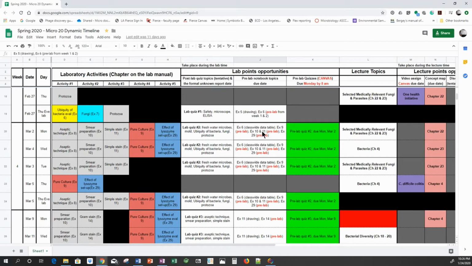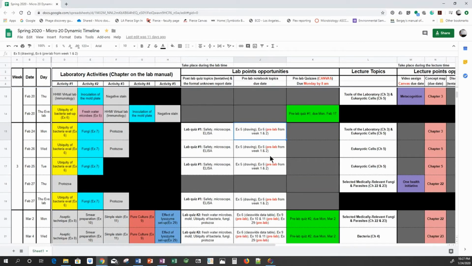You also need to include the pre-lab for exercise 9, exercise 10 and 11, which you can combine together, and exercise 29. So I will be checking for 3 pre-labs. Again, exercise 9, exercise 10 and 11, which can be combined, and exercise 29. So I will be checking for more stuff on week 4.